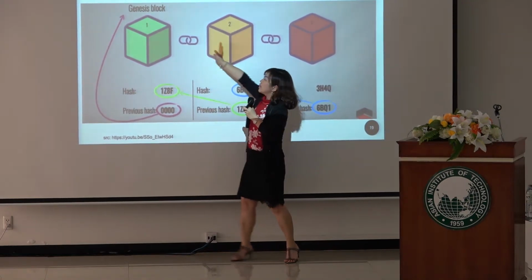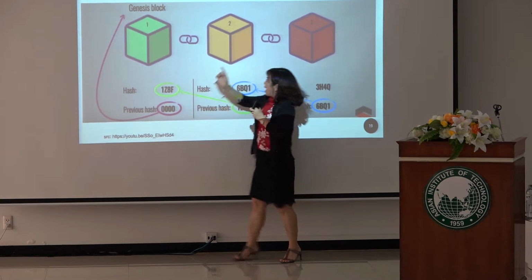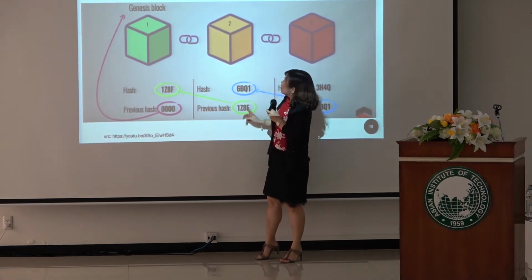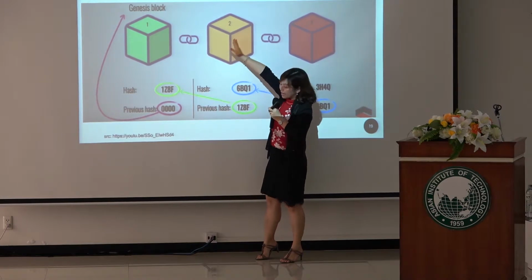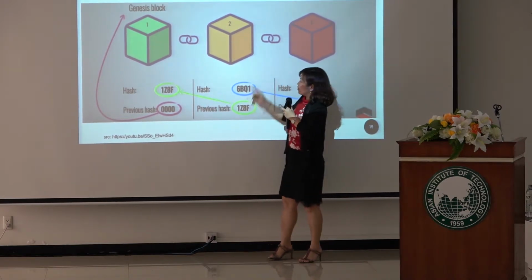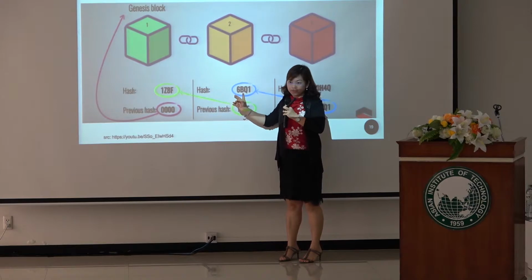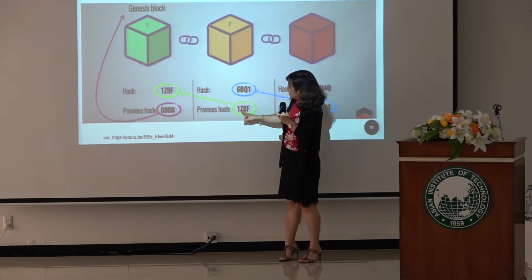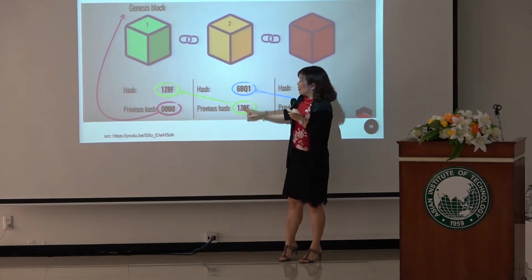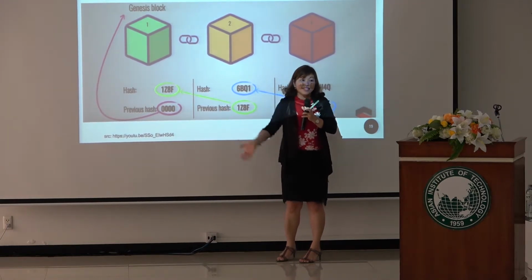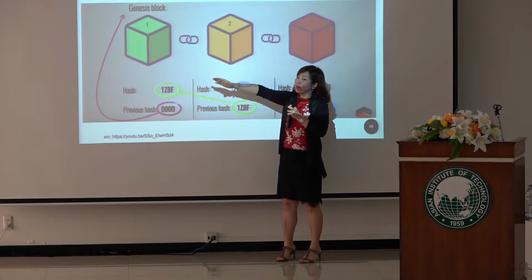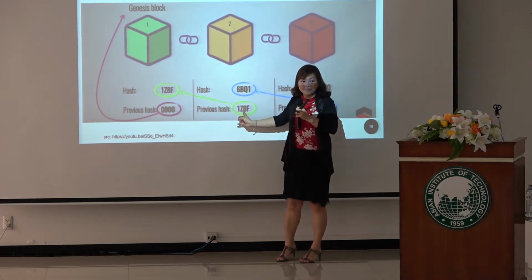The second block will link to the first block. And this is considered part of the block's content, so altogether everything will be hashed, and we get this value. Even if you change this to some other value, the hash will change too, because it is considered part of what is inside the block. So everything inside the block will be hashed, even this one.